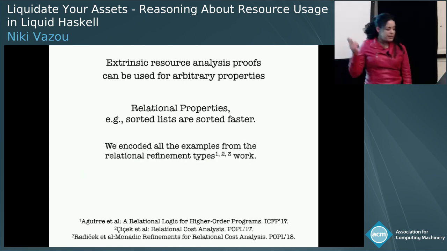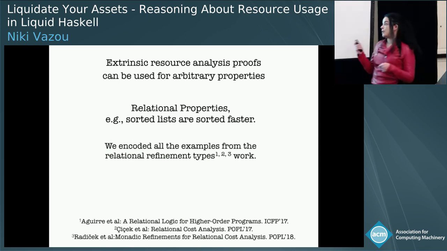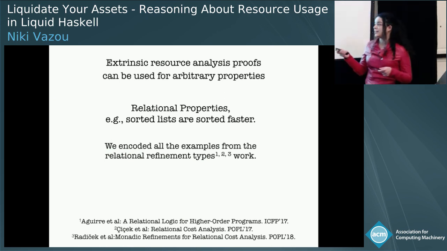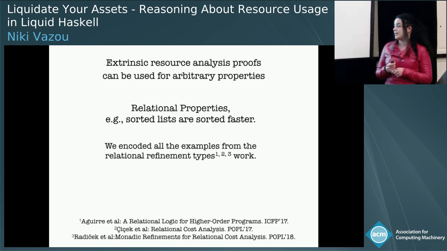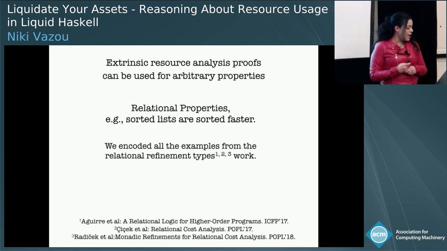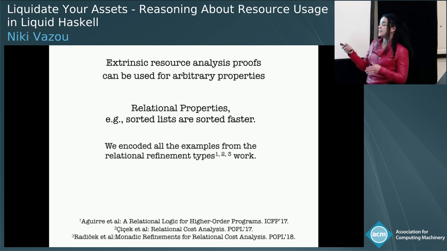Okay, so in the paper we have actually encoded and proved all the relational properties that exist in these relational refinement type lines of work that is cited here in the back, you cannot see. And we could express everything and prove it. And these are systems that are specifically designed to do relational cost analysis.